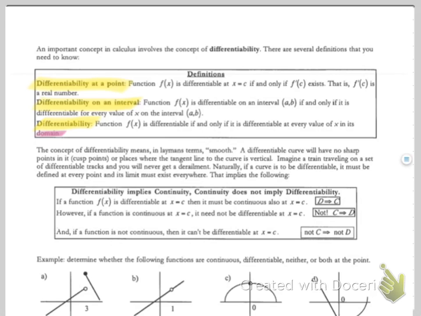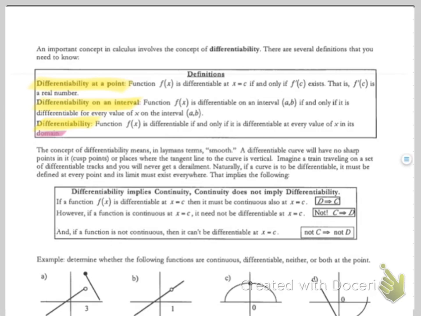So the concept of differentiability in layman's terms means smooth. In your book, it talks about local linearity. So in layman's terms, like we talked about at the beginning of the year, if you zoom in and in and in on a differentiable function at a certain point, it's not even going to look like a curve anymore. It's going to be linear, locally linear.